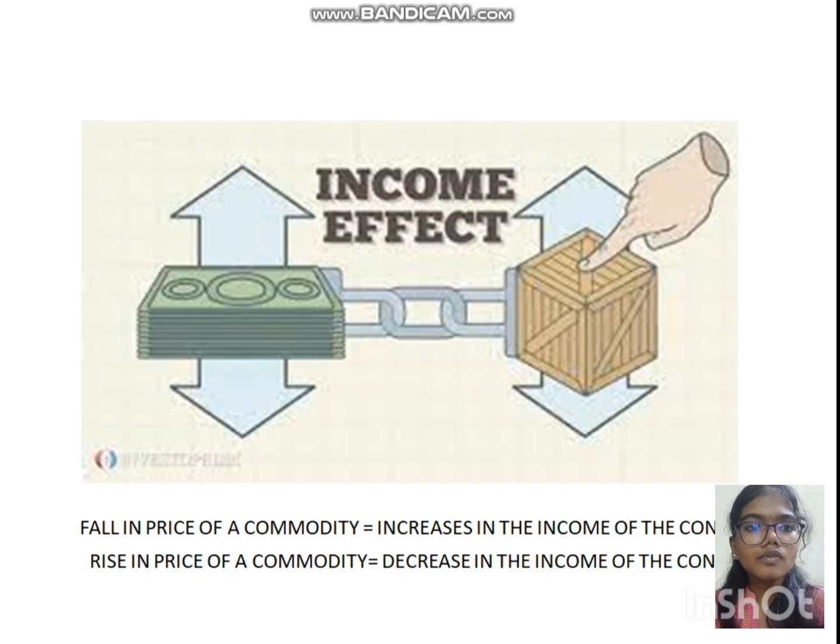And in case of a rise in price of a commodity, the consumer must either constrain expenditure on this commodity, or constrain expenditure on some other commodity and substitute that money to invest in purchasing this commodity.